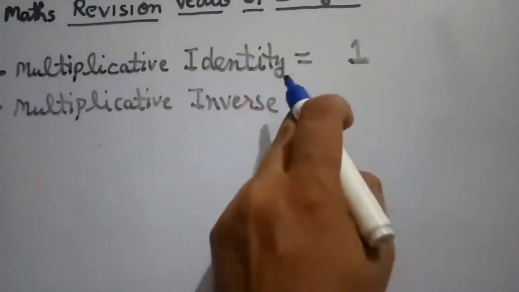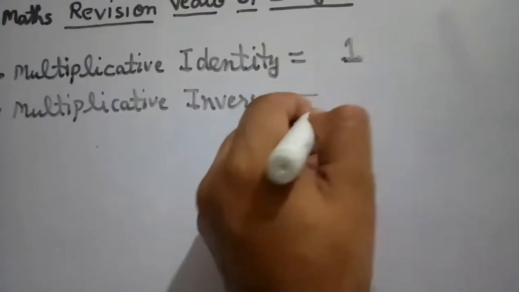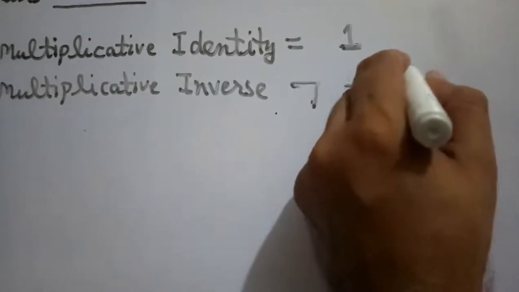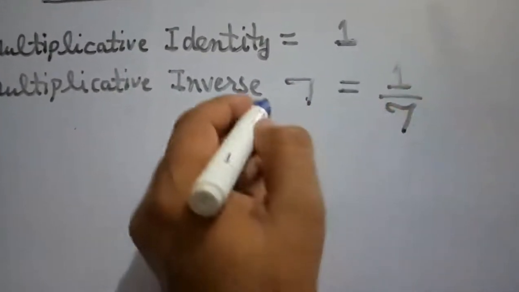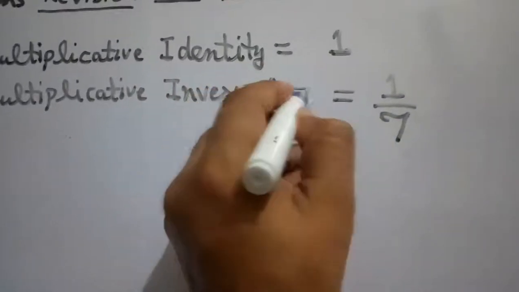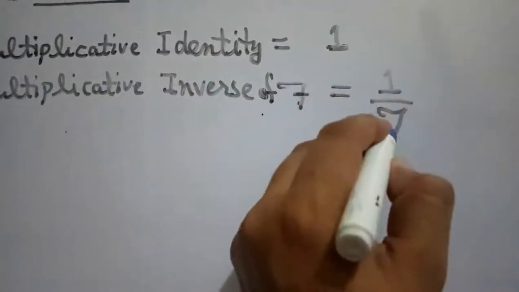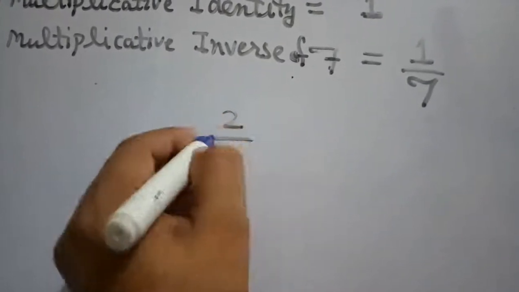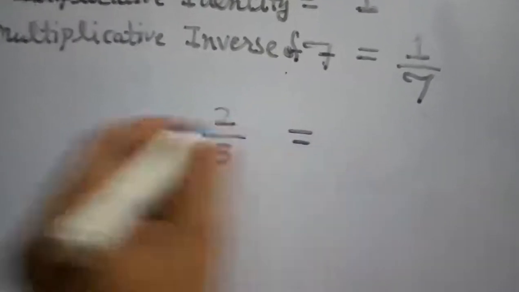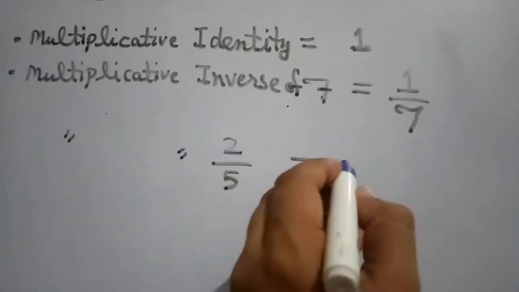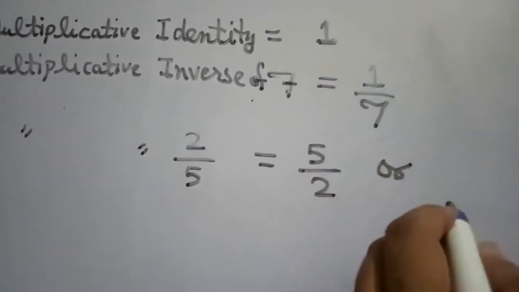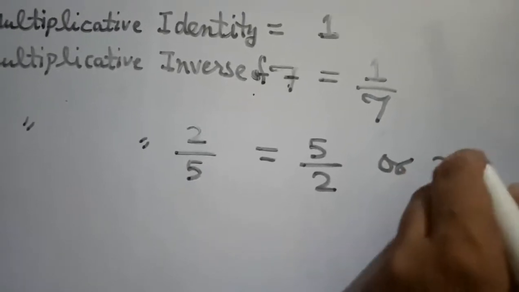For example, the multiplicative inverse of 7 is equal to 1 upon 7. And the multiplicative inverse of 2 upon 5 is equal to 5 upon 2, or 2.5, 2 whole 1 by 2.